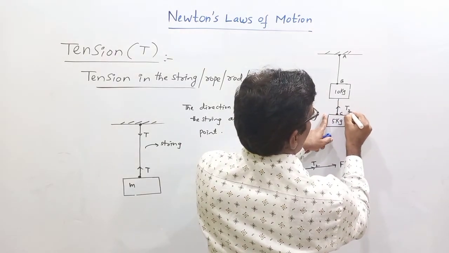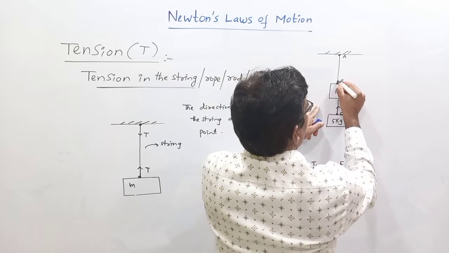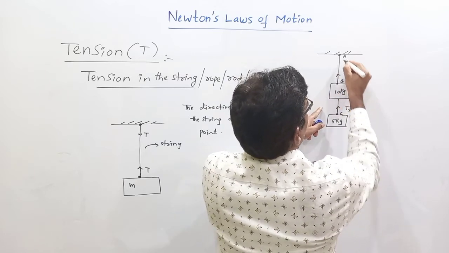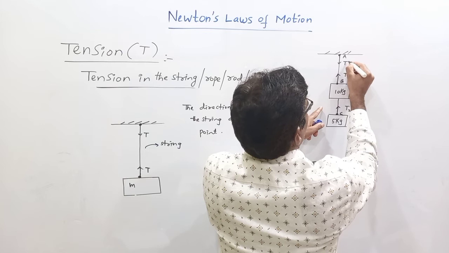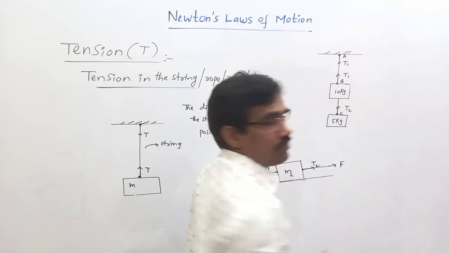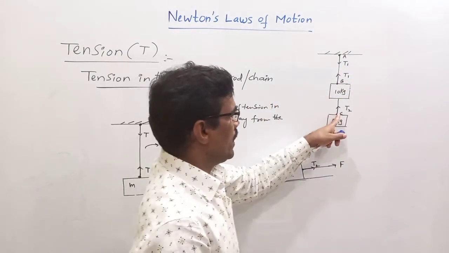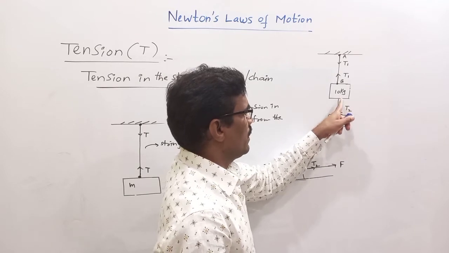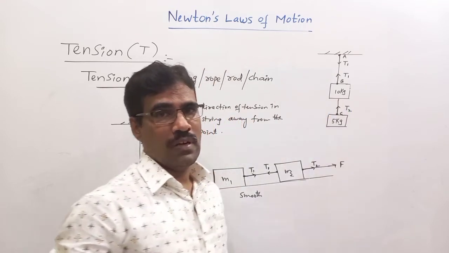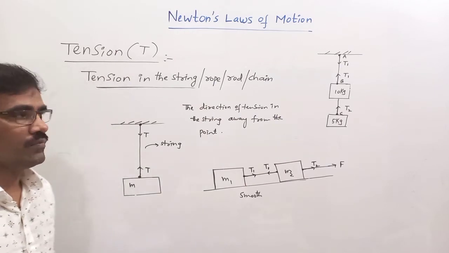At this point T1, here T2. For the same string, tension is the same. So here tension T2. What about here? T2. This is the direction of the tension.